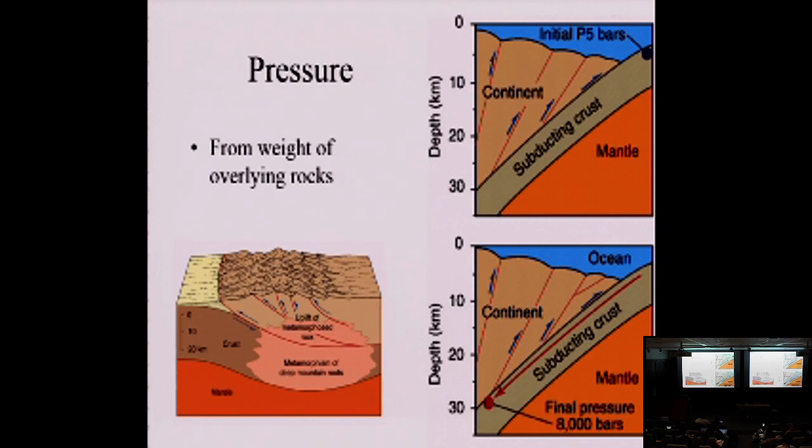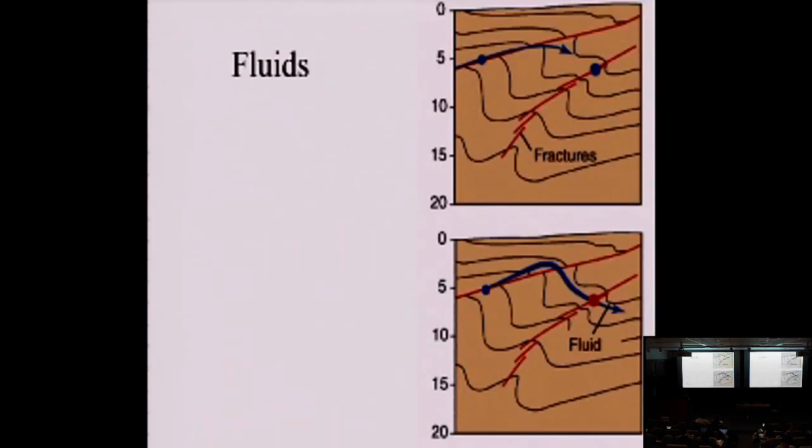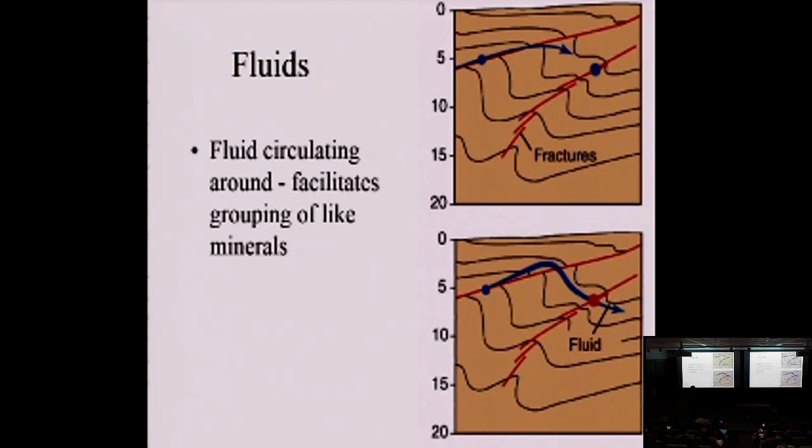And then the last thing that happens, and these usually happen together, is chemical fluids that are circulating around in the subsurface will carry ions from one place and deposit them elsewhere. So this is hot, usually in association with the heat. Fluids will move around and facilitate the grouping of different minerals.